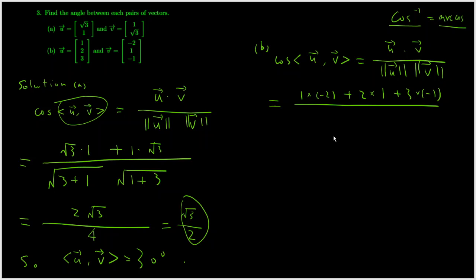On the denominator, you have the length of the two vectors. Square root of, so now let's say 1 squared, and then plus 2 squared, and then plus 3 squared. For the second vector, you have the length of v is -2 squared, right, and then plus 1 squared, and then plus -1 squared.